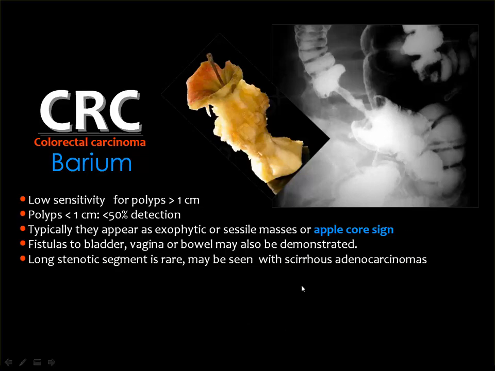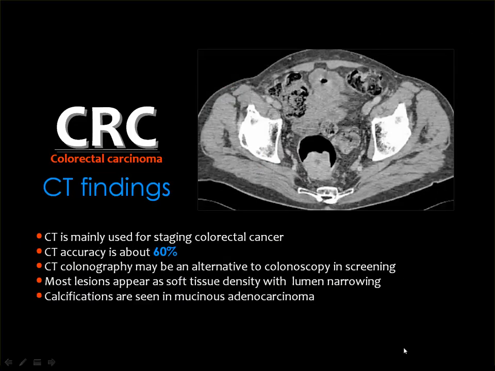Then barium has a low sensitivity for masses which are less than 1 centimeter, and for polyps that are more than 1 centimeter, there is a detection rate in the range of 50%. The masses typically appear as the apple core stricture, and the fistulae, as I have mentioned. A long stenotic segment is very rare, but may be seen with the scirrhous adenocarcinoma.